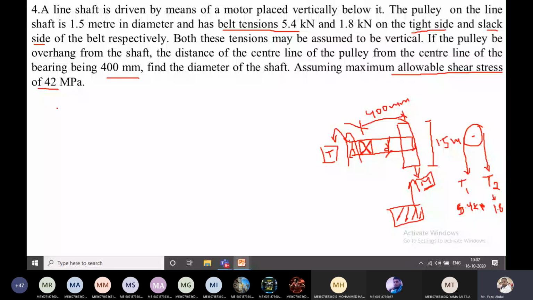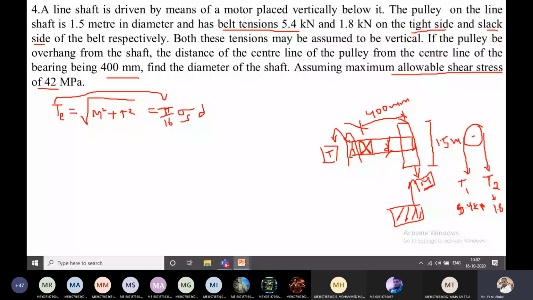TE equals pi by 16 into sigma S into d cubed. Why did I select this equation instead of the other, the maximum principal stress theory? Because the question itself gives the allowable shear stress value. This value is given, so that is the reason I am taking this equation.